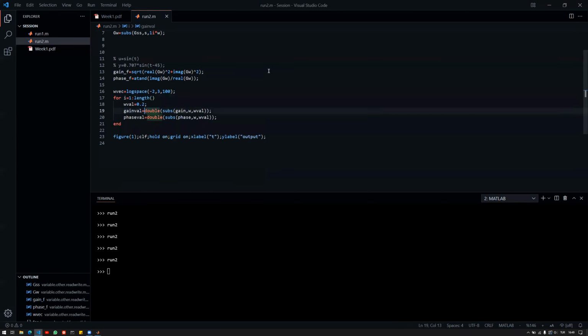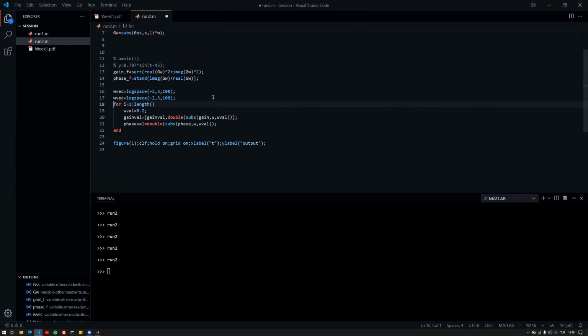You can use this and then gain val, comma, to generate a vector. But this is not really efficient, but it is easy to code. So if you're not really confident, then you should use this. Once you get used to it, you should opt for the following.